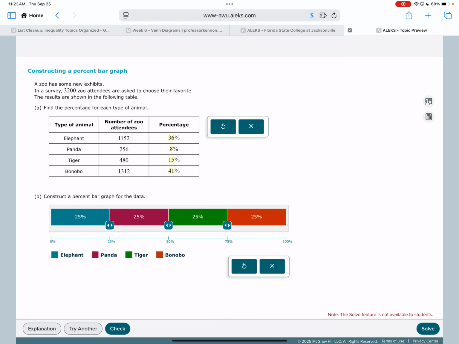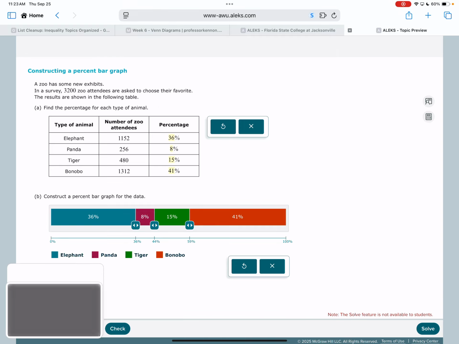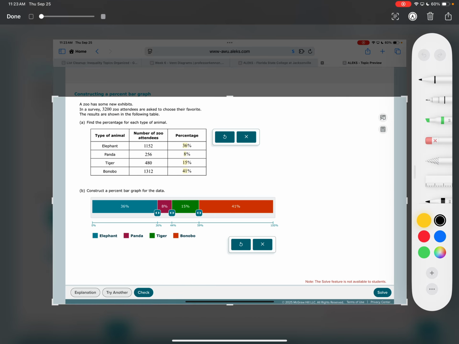And again, we can add these up. 36 plus 8 plus 15 plus 41 is 100. Okay, and then you just drag each one to where it's supposed to go. Elephant is 36, panda is 8, tiger is 15, and the last one should automatically do itself because that's the last one. Okay. So the constructing section is, I feel like, almost easier than the interpreting section.